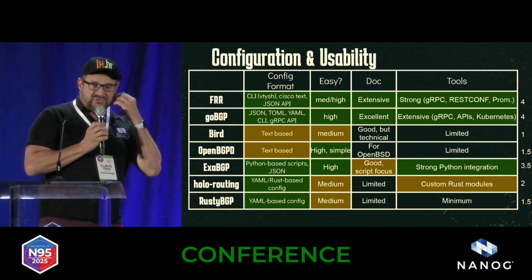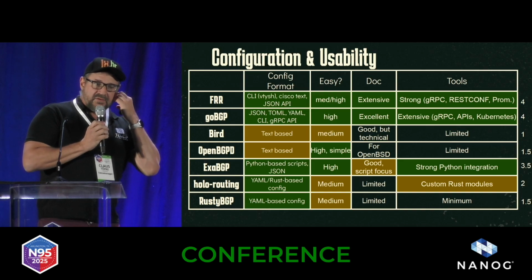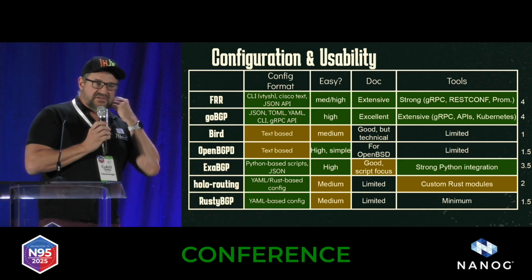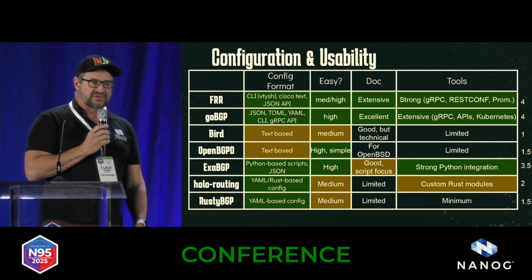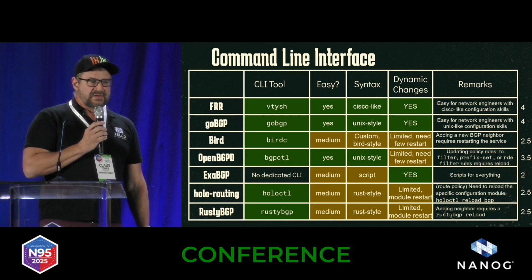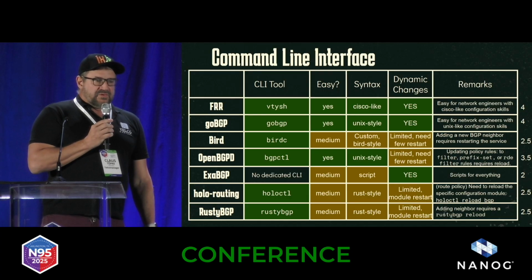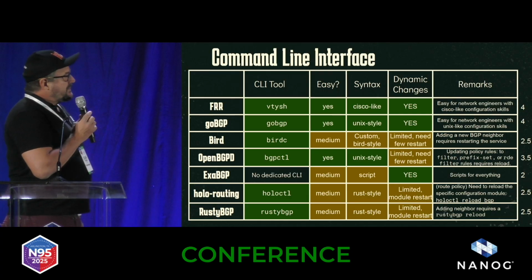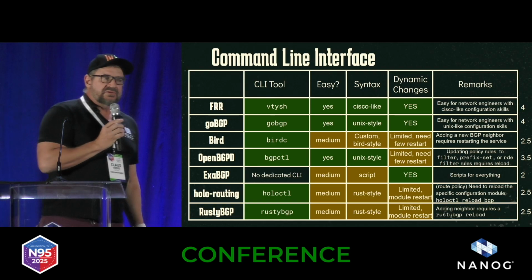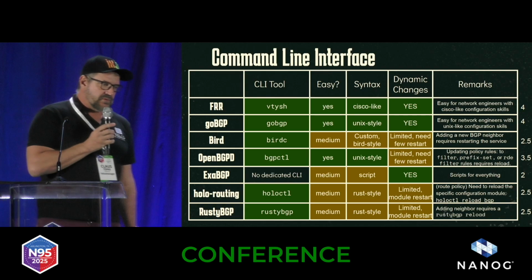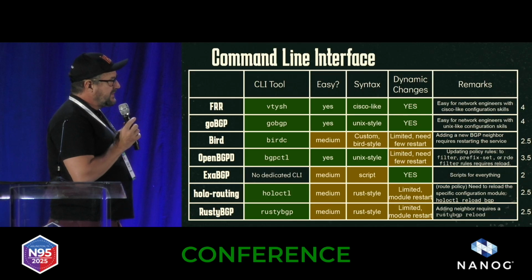In terms of tools, I evaluate all the gRPC capabilities, so I put green points there, and also Python integration for the ExaBGP. And so for command line interface, those are the tools used. ExaBGP doesn't have a CLI. You have to write your commands in Python and implement.